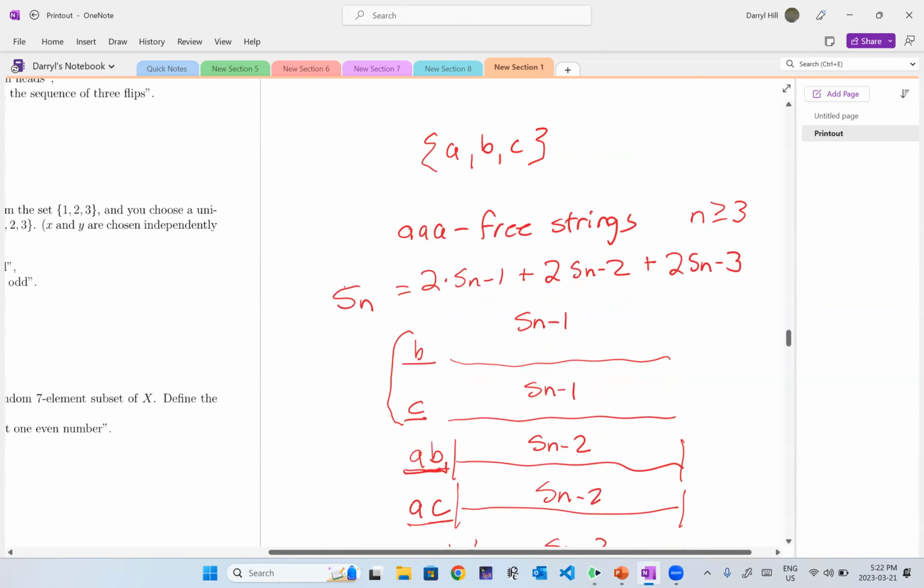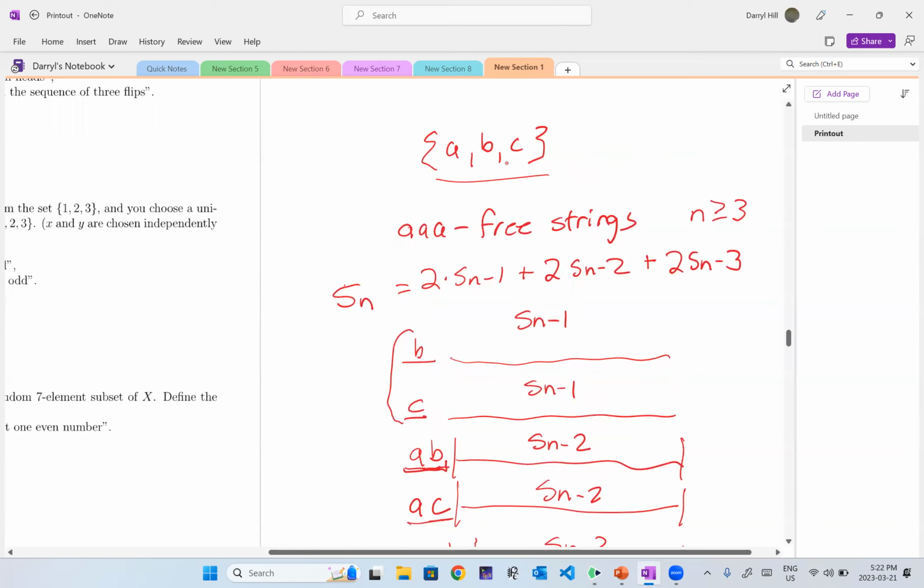Basically, this extends to an alphabet of any size, and any A free, B free, C free. Those will all work. Those are all very straightforward. If you see something like this, that doesn't work so well.